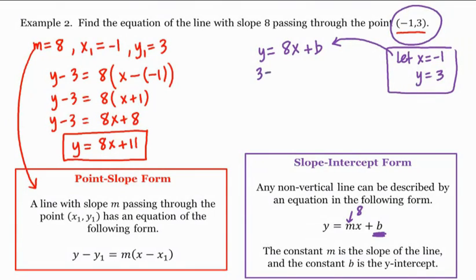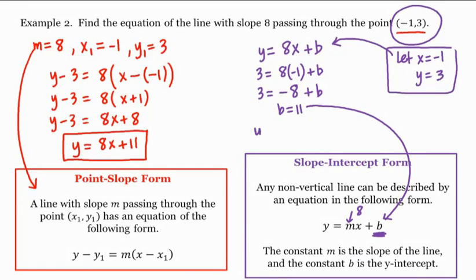Namely, we have 3 is equal to 8 times -1 plus b, or 3 is equal to -8 plus b, or b is equal to 11. And now plugging that in here gives us the same equation, y is equal to 8x plus 11. So either way is fine.